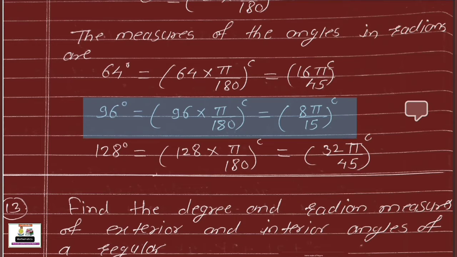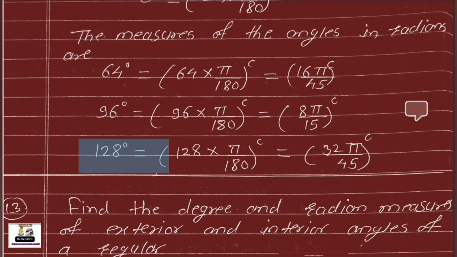Second angle is 96 degrees. Convert this into radians. Multiply by pi by 180 radians, and the answer is 8 pi by 15 radians. And the third, last, is 128 degrees. Convert this into radians. The answer is 32 pi by 45 radians.